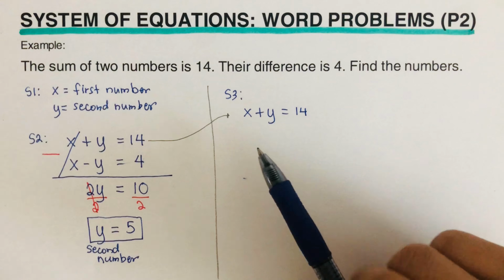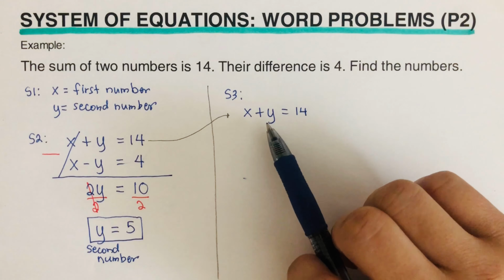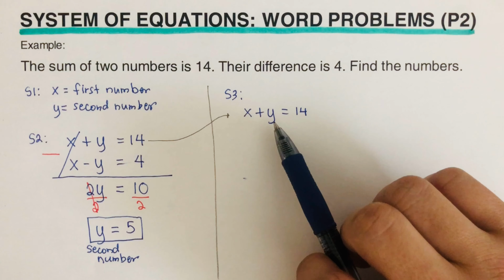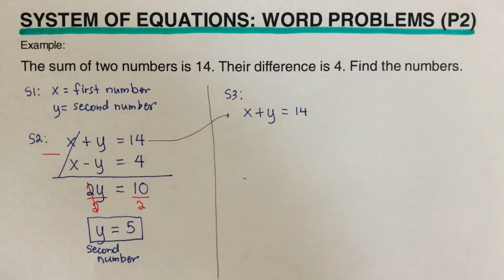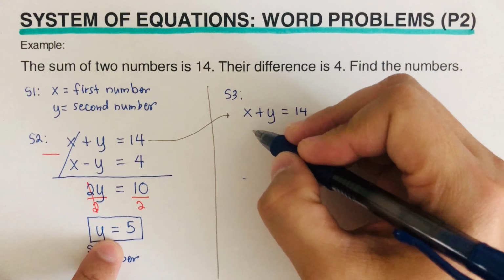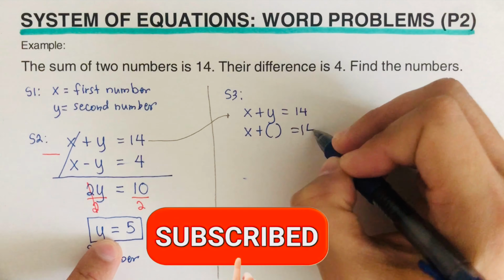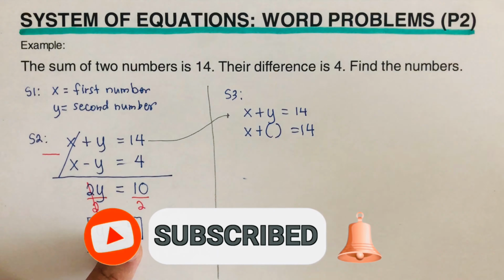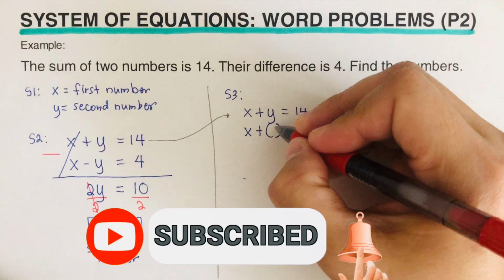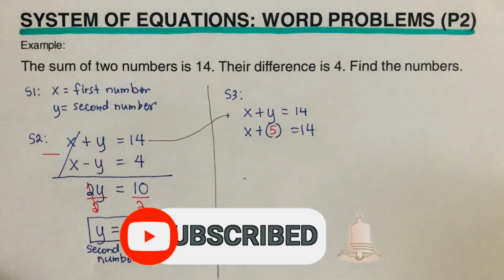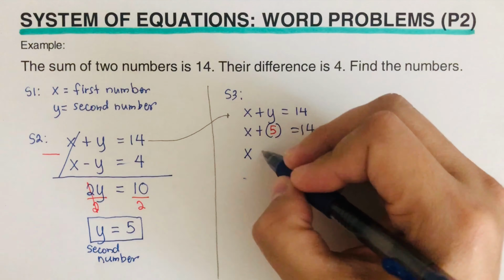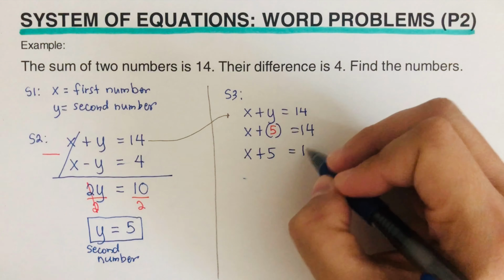Now, when we plug in values, we always remember that we change the variable into a parentheses before we plug in the values. We already have the y, which is 5. So x plus parentheses equals 14. The one that we put into the parentheses is the y value, which is 5. So this would come out x plus 5 equals 14.